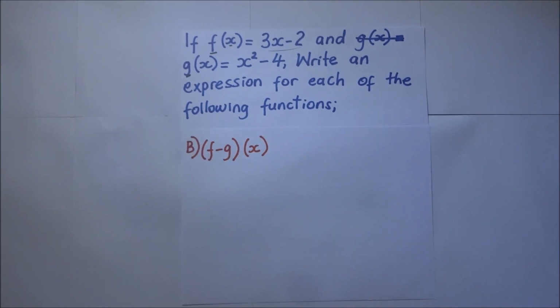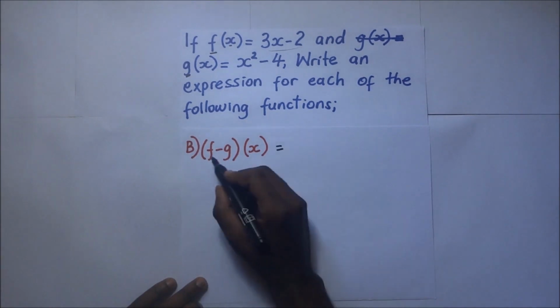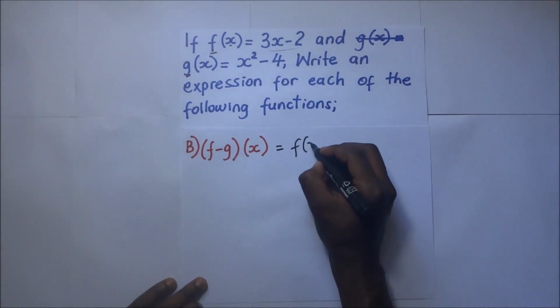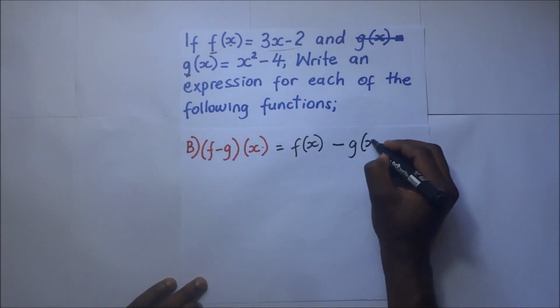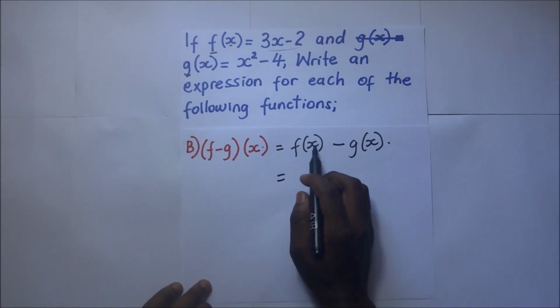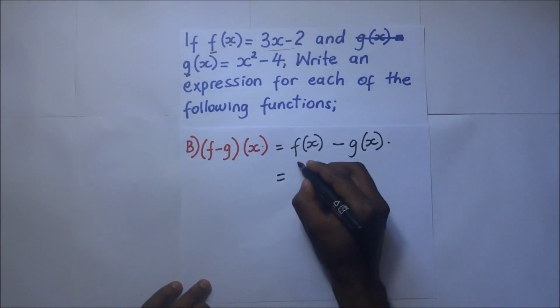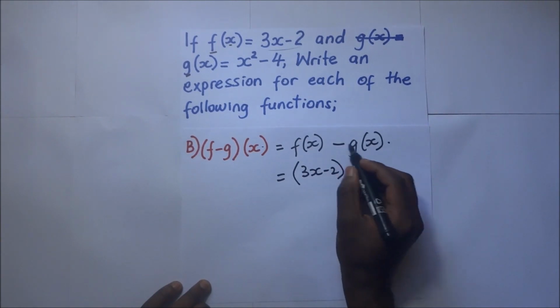In part B, we are trying to find the difference of these functions. Of course, f minus g of x is the same as saying f of x minus g of x. Definitely, this is going to end up being f of x, in this case 3x minus 2, minus g of x.